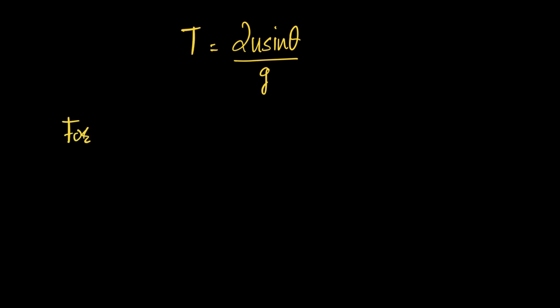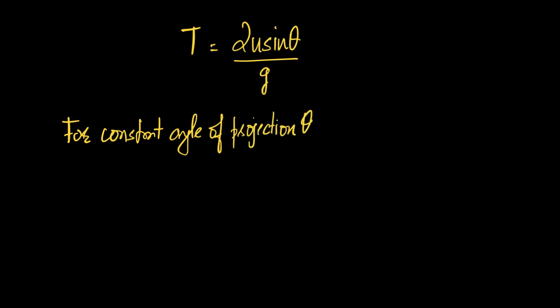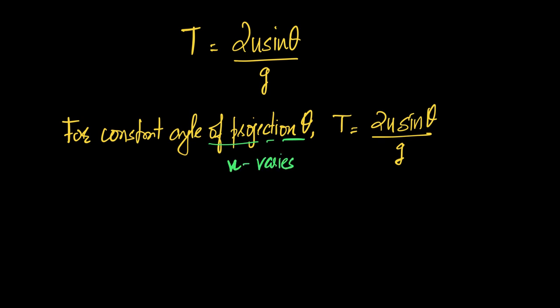Now, for a constant angle of projection theta, T is equal to 2u sine theta by g. What I mean is, when I say constant angle of projection theta, u varies, which means I'll fire the object with u at an angle theta.